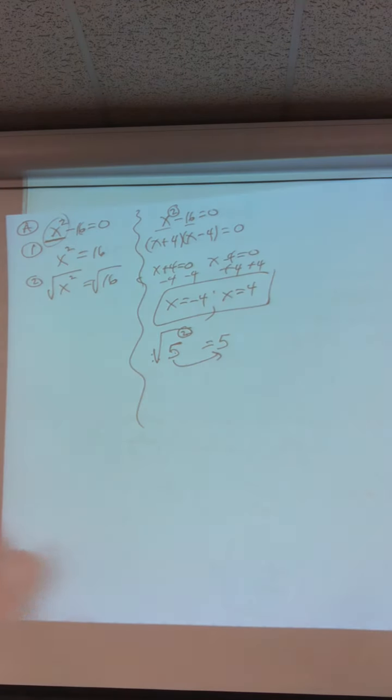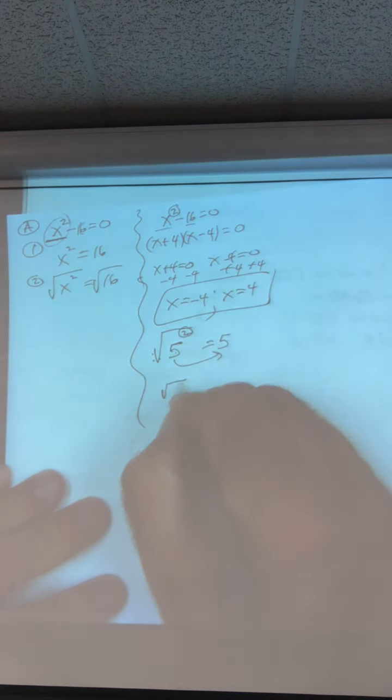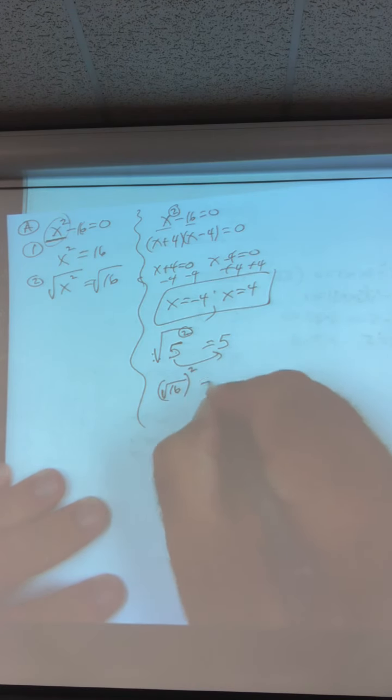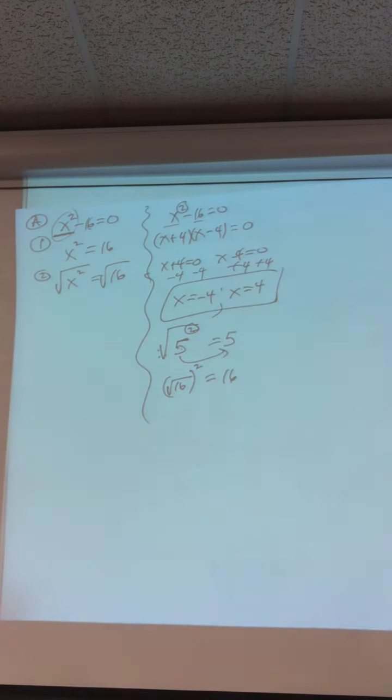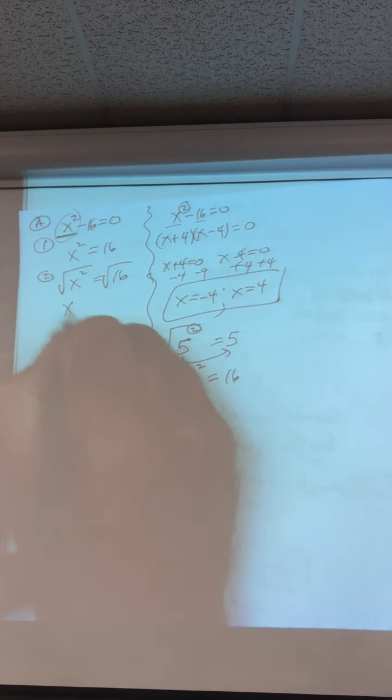It just gives you what's being squared. As a matter of fact, you learned in the last section that goes both ways. Anytime you take the square root of something and you square it, those two things are interchangeable. So a square root will undo a square, and a square will undo a square root. So when you take the square root of x squared, you just get x.